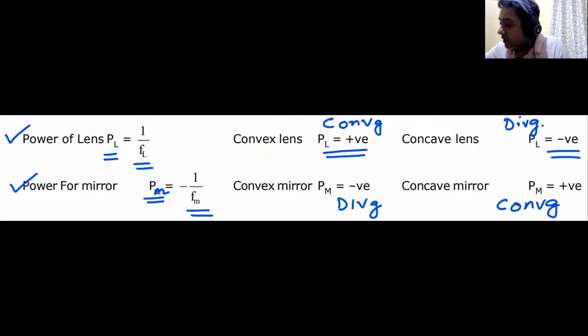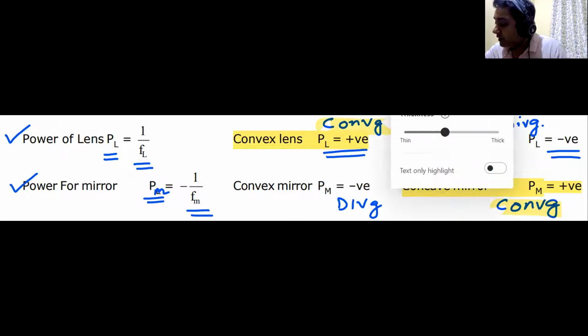Remember, positive power: here we have positive power for a convex lens, and here we have positive power for a concave mirror. I have told you repeatedly, if power is positive, that means that body is converging.